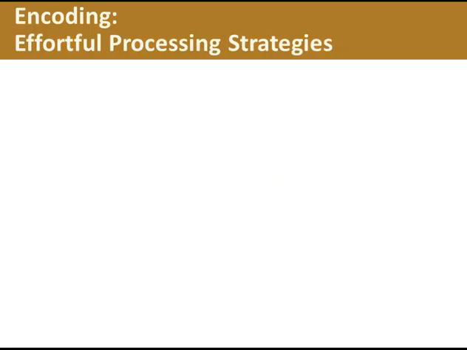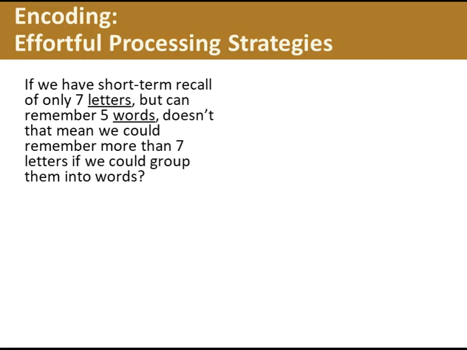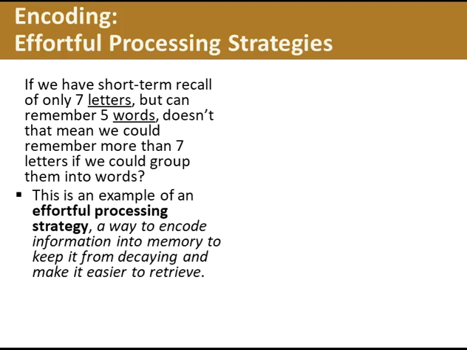So now let's look at encoding, effortful processing strategies. If we have a short-term recall of only 7 letters, but can remember 5 words, doesn't that mean we could remember more than 7 letters if we could group them into words? This is an example of an effortful processing strategy, a way to encode information into memory to keep it from decaying and make it easier to retrieve.